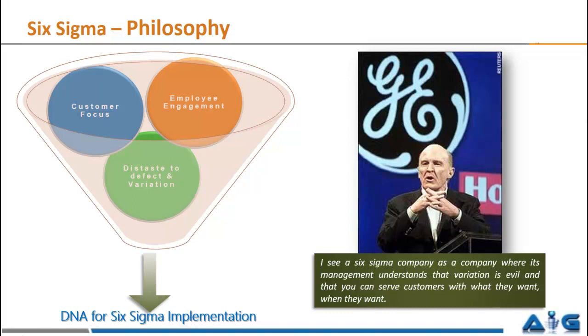The third, that the organization must develop distaste to defect and variation. Quality is everyone's job. Everyone in the system is required to produce their optimum for the organization to do well. If you remember our discussion about process, we were saying that organization is an assimilation of hundreds of processes which are talking to each other.